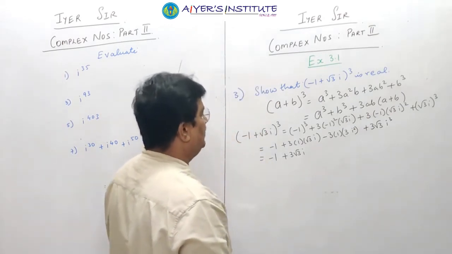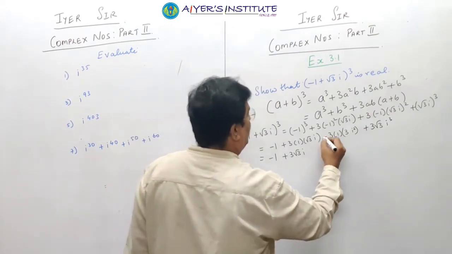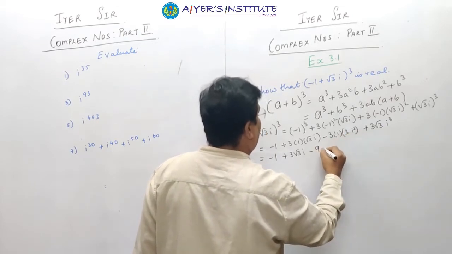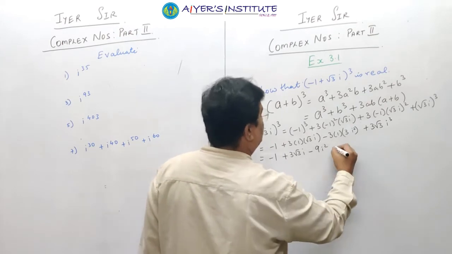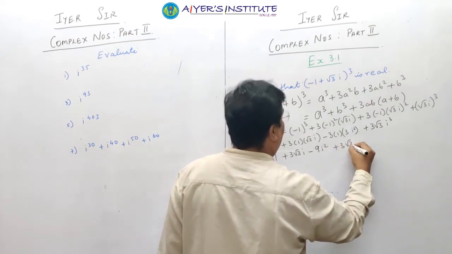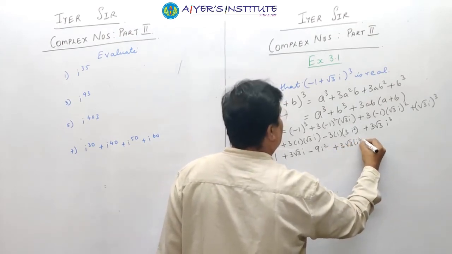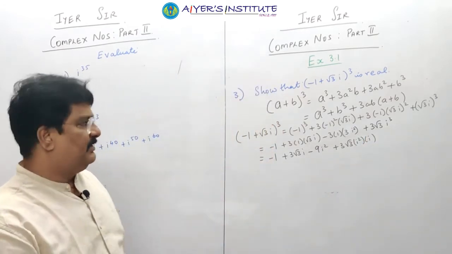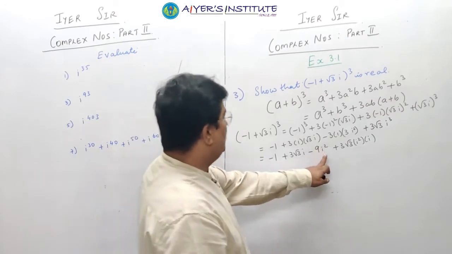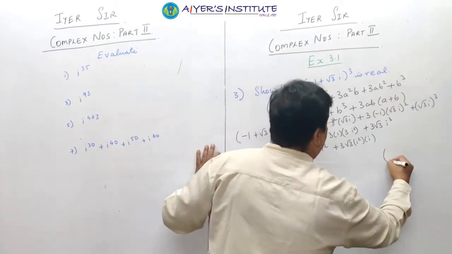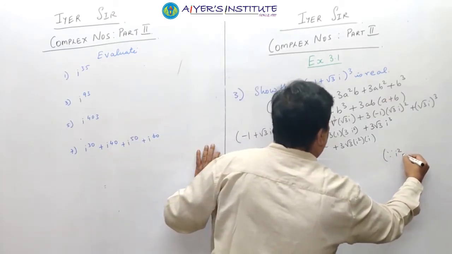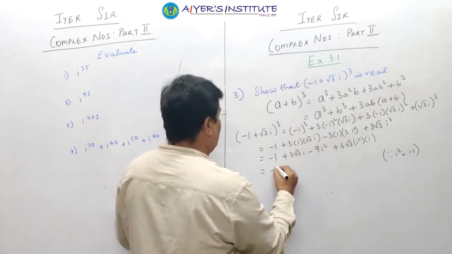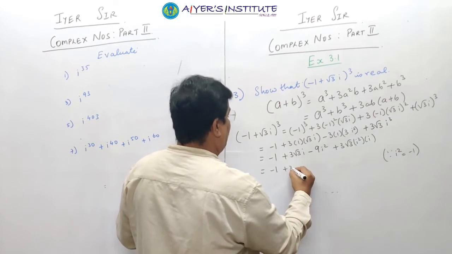So I made a mistake there. Minus 3, 3 nines are 9 i square, plus 3 root 3 i square into i. Just basic simplification. We all know that i square's value is minus 1. So we'll have minus 1 plus 3 root 3 i.